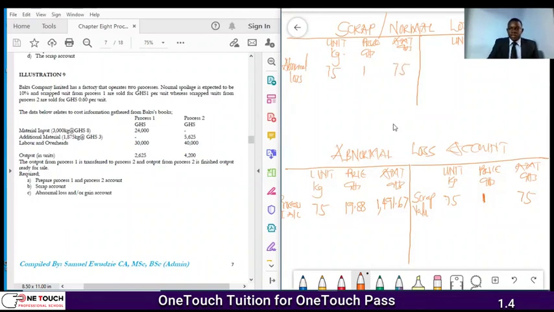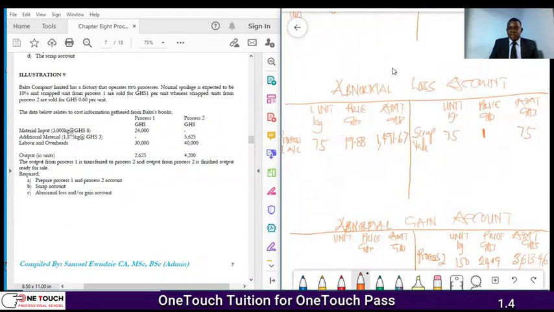So at the end of the day, the loss, the amount that will be transferred to P&L will be 1,491.67 minus 75. That gives us 1,416.67. Okay, good.